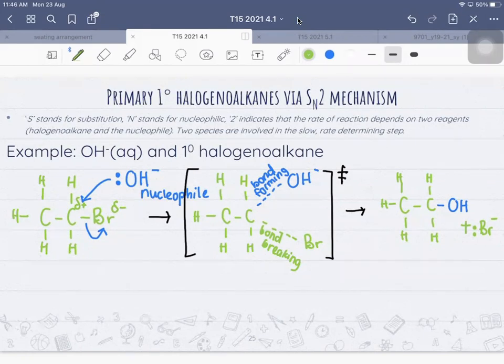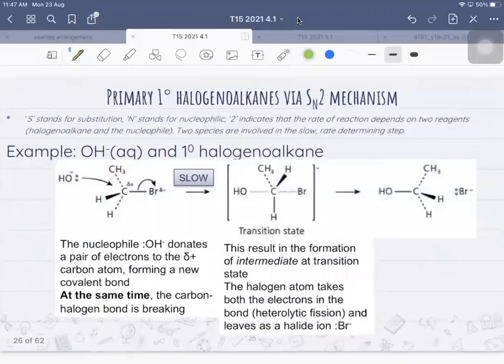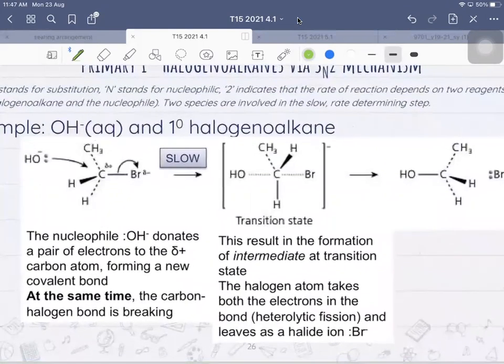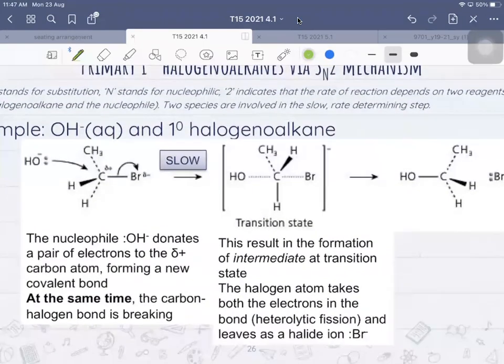Okay, for the explanation, is there an explanation for this? Yes, there is an explanation. Where can I get the explanation for that? Okay, so after you copy this down, I will show you the next slide for you to copy down the explanation. Okay, so this is the explanation. So you can see here the attack is coming from the other side.